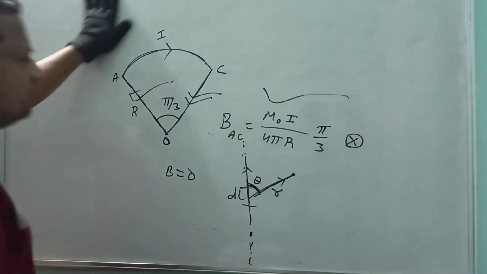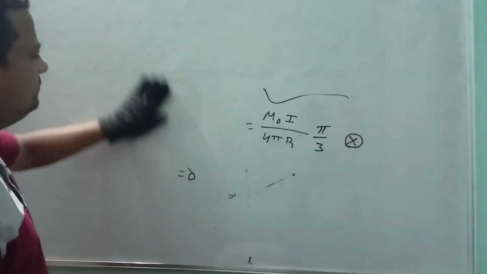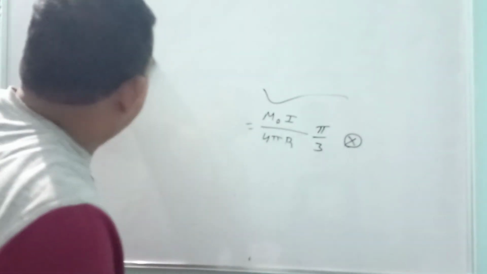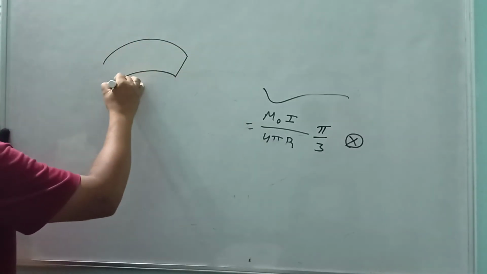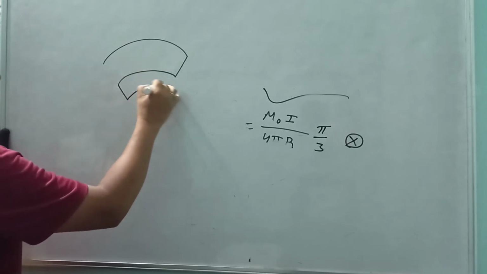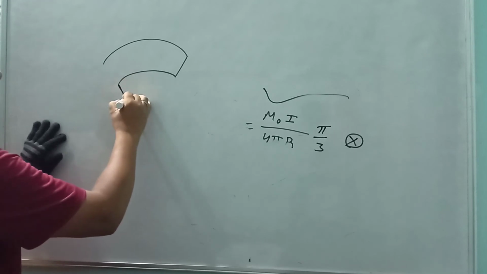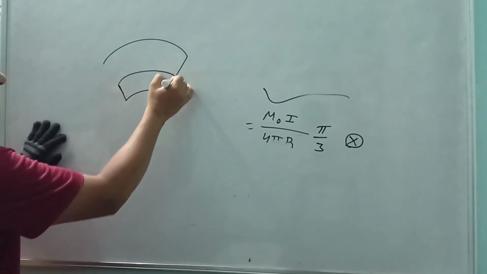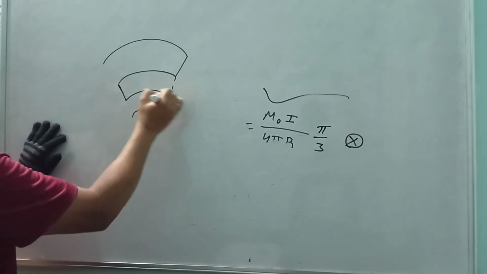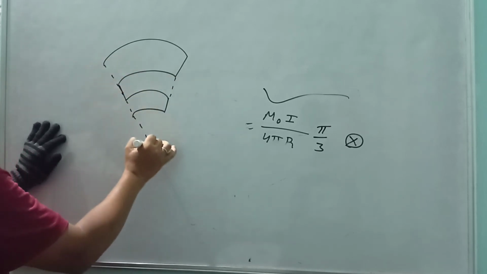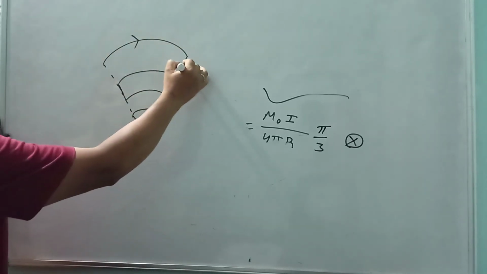So if we make another type of problem like this, the current is like this.